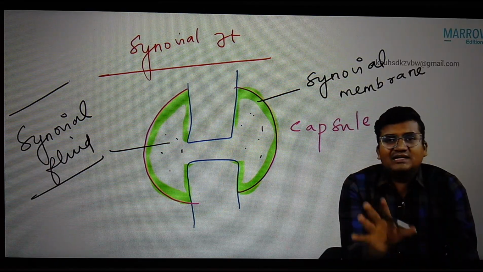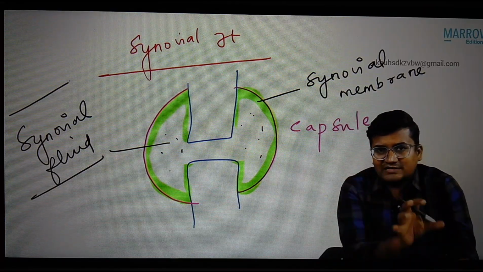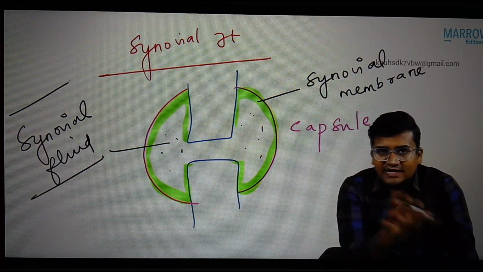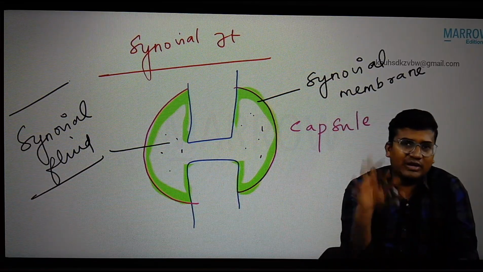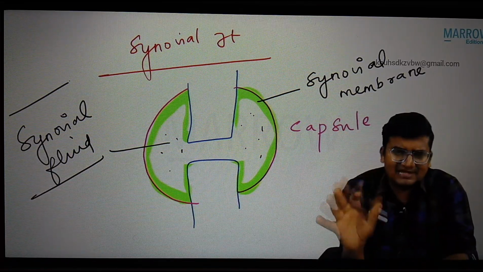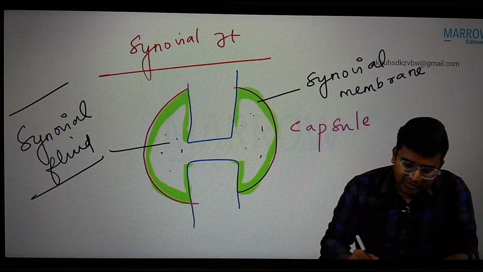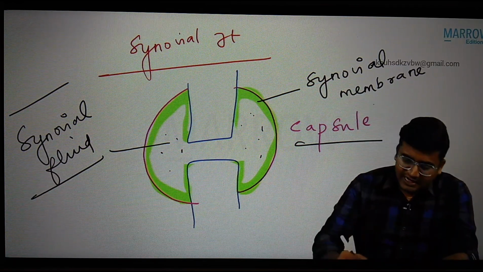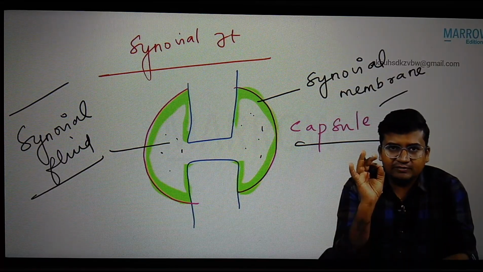They will ask you only the examples. For example: all the following are pivot type of synovial joints except which of the following; which is ball and socket; the calcaneocuboid joint is an example for which of the following. Likewise, they will ask you only the examples. For completion's sake, I am saying this. So synovial joint means the fibrous capsule is present, inside it the synovial membrane, and the synovial membrane secretes synovial fluid.